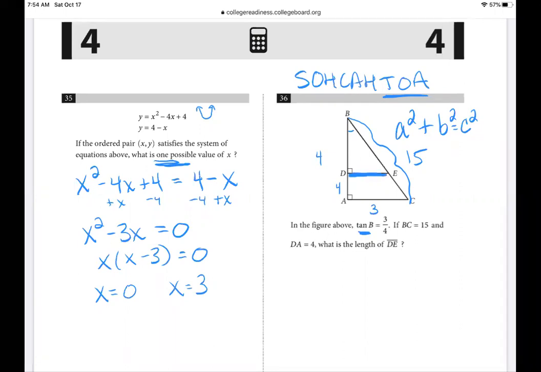So they didn't actually give us that length yet. When I'm trying to figure out what DE is, I can see it's a right triangle within a right triangle. But what's probably not making sense right now are these two 4s, right? How can this whole thing be 4 and then DA be 4?